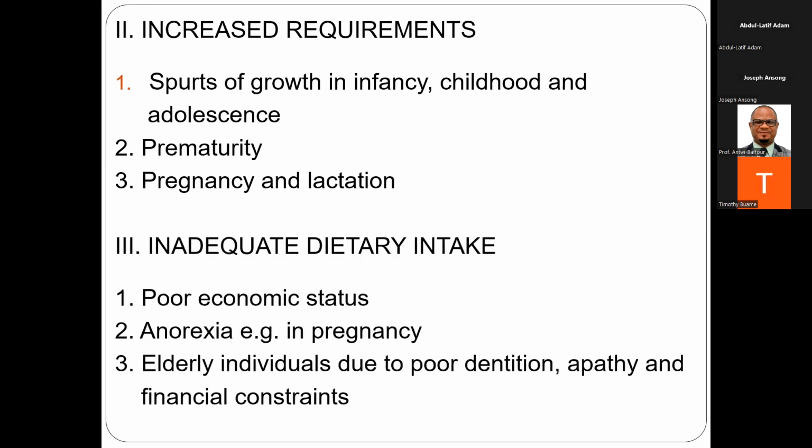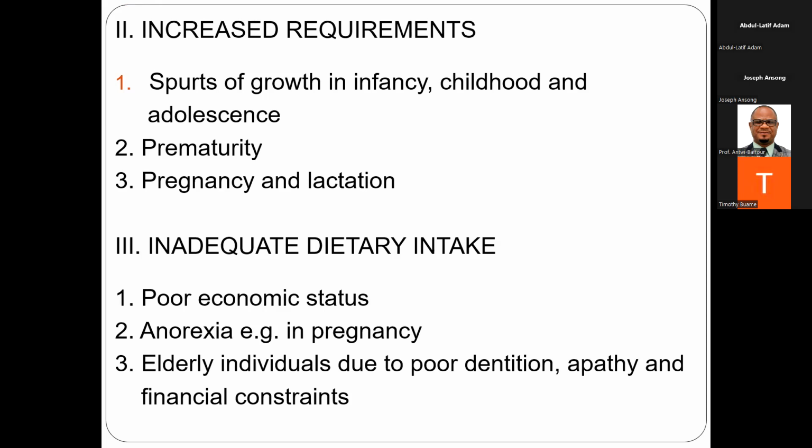Then the third one is inadequate dietary intake. Another cause is that you are not putting enough iron into your body. Because of poor economic status, you don't have access to food or proper nutrition, so you are not taking in enough iron.